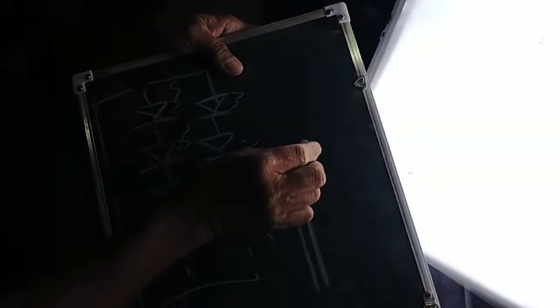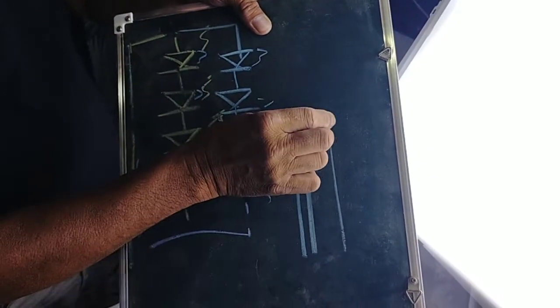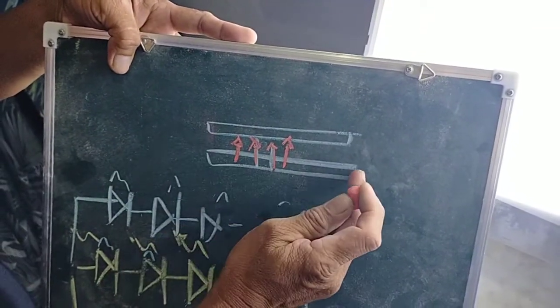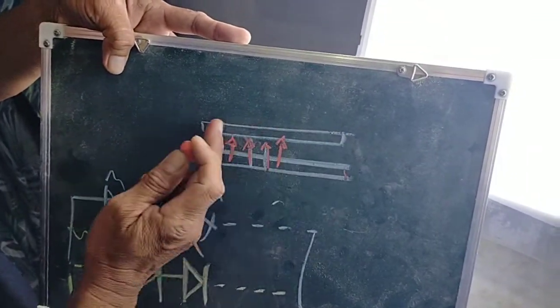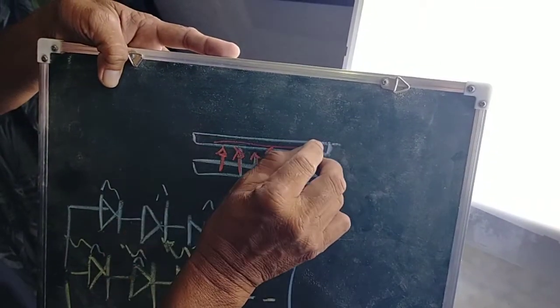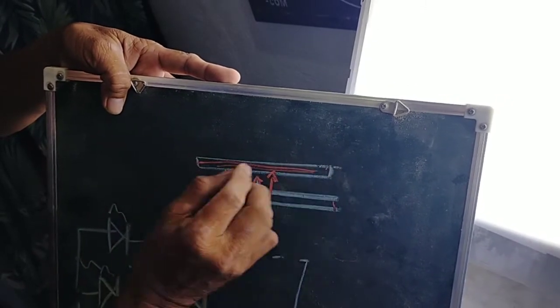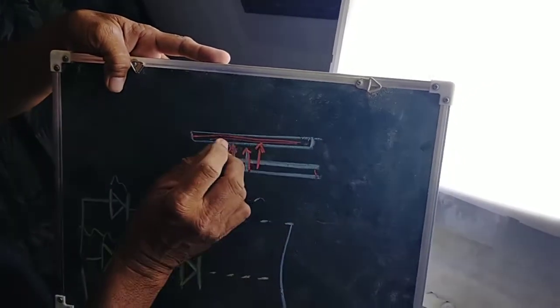We have the LED, the reflector, then followed by the diffuser. The light is sent from the LED, being reflected by the reflector to the diffuser. The diffuser now will scatter or distribute the light from this edge to this edge evenly.